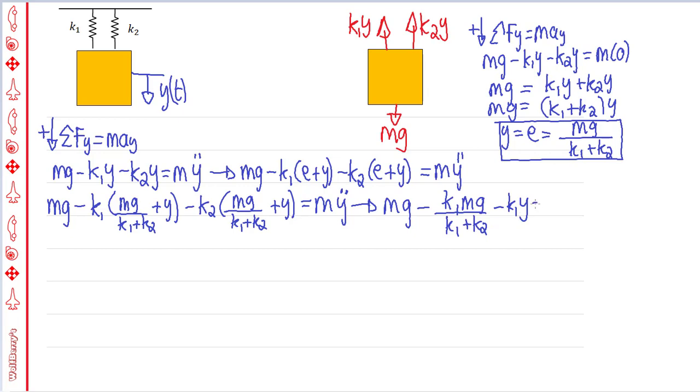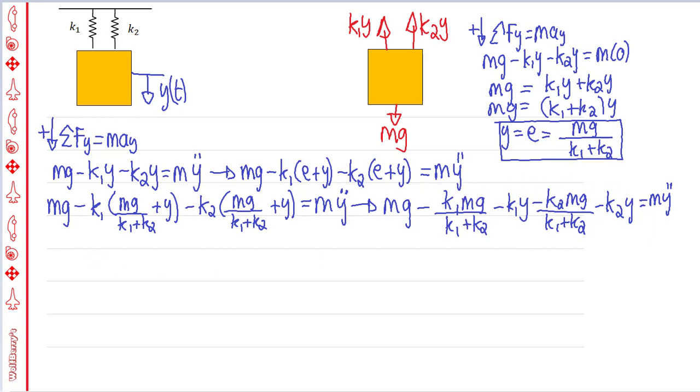Same thing with the second bracket, minus k2 mg all divided by k1 plus k2, minus k2y equals my double dot. Now, we can clearly see that these two fractions here have the same denominator. So therefore we can add them together. So minus this, minus that.